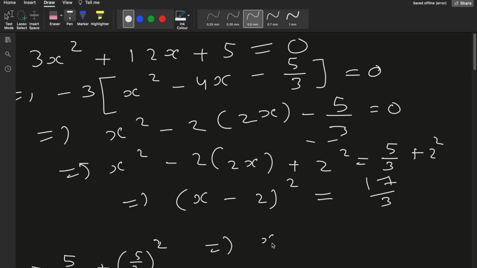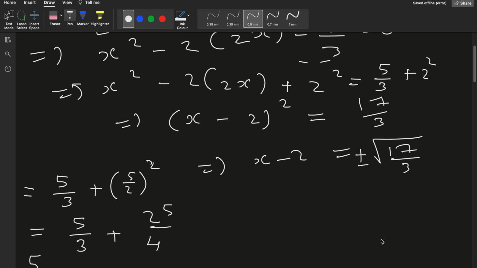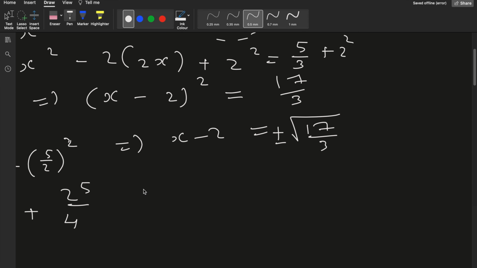This implies that x minus 2 equals square root of 17 divided by 3, and put plus or minus, and then implies x equals 2 plus or minus square root of 17 divided by 3. So this is our final answer.